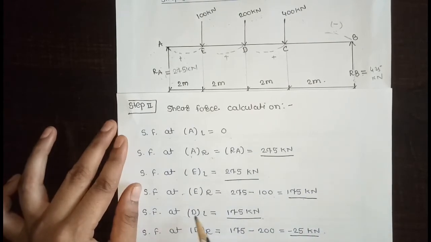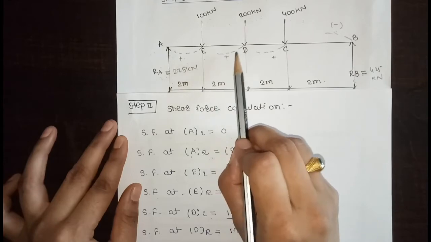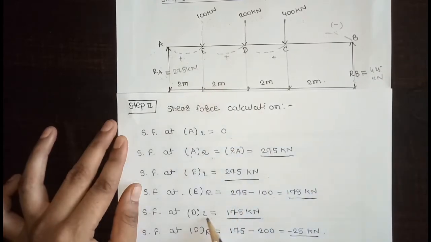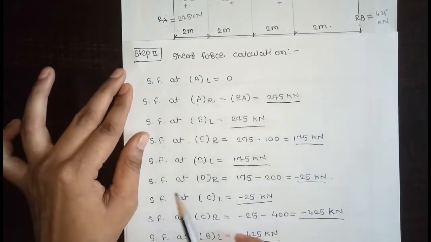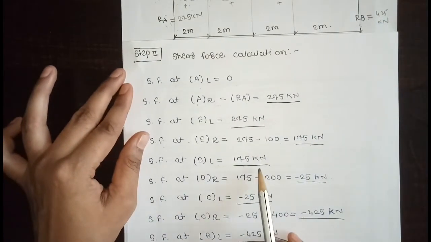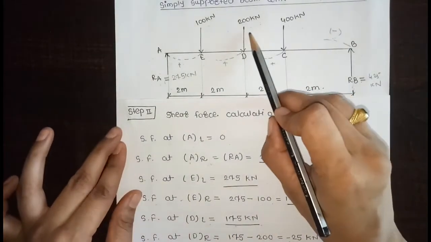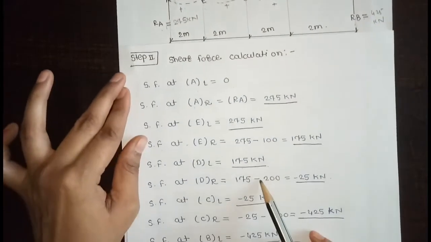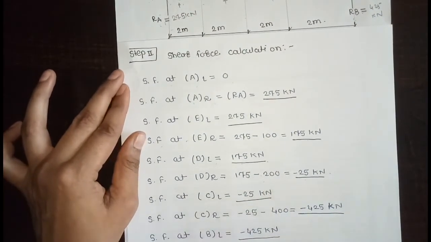Then SF at D left is as its previous value, because there is no force between point E and D. So D left is equal to 175 kN. Then SF at D right is equal to previous value 175 minus 200, so minus 25 kN.